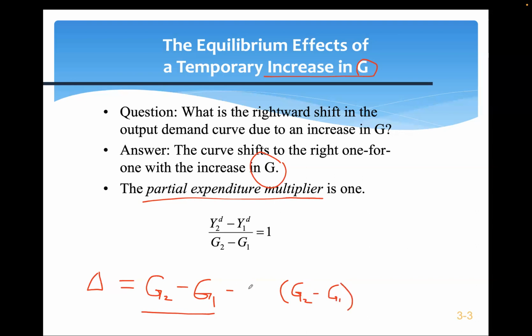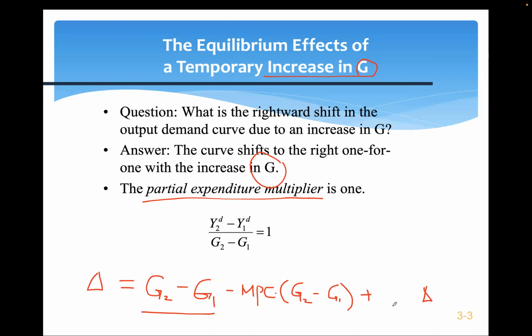But they are not going to cut their spending by one. Instead, they're going to cut their spending by MPC times this amount. But remember, there's another impact, because the income of the household is going to increase by delta.